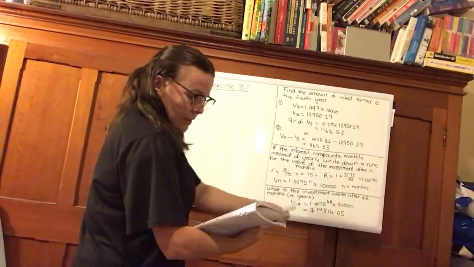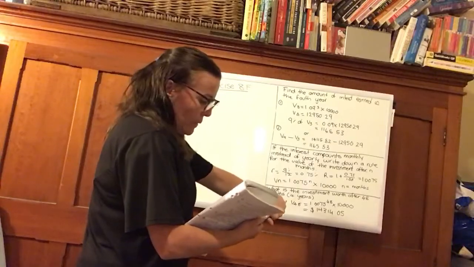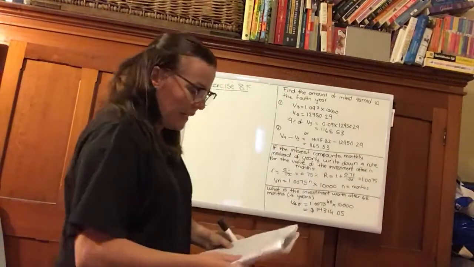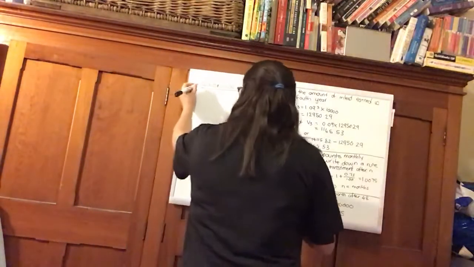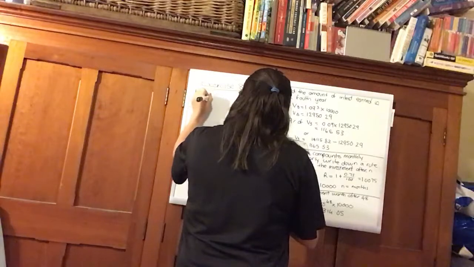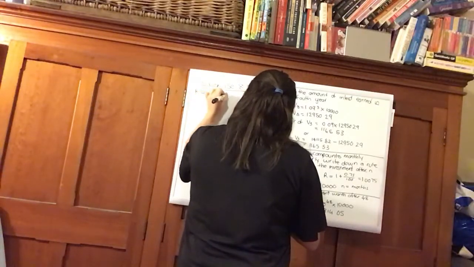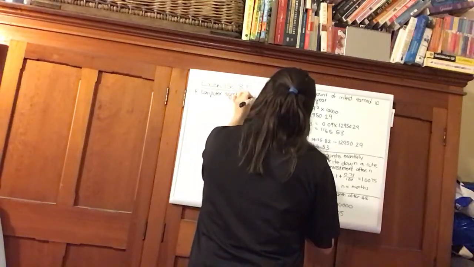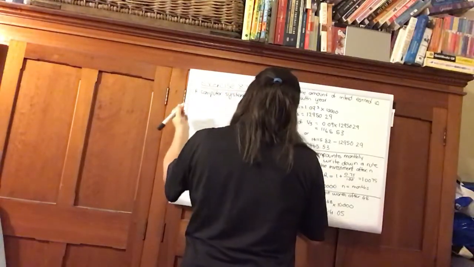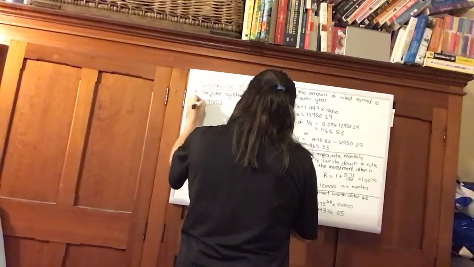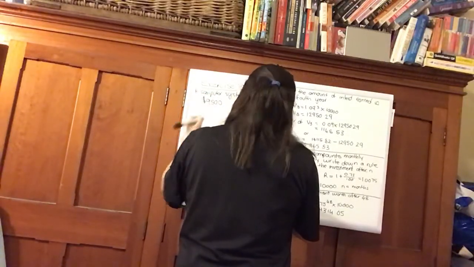All right. So remember, when we depreciate, we're reducing the value. So we're taking it down. Imagine a company has a computer system and it costs $9,500 to buy.